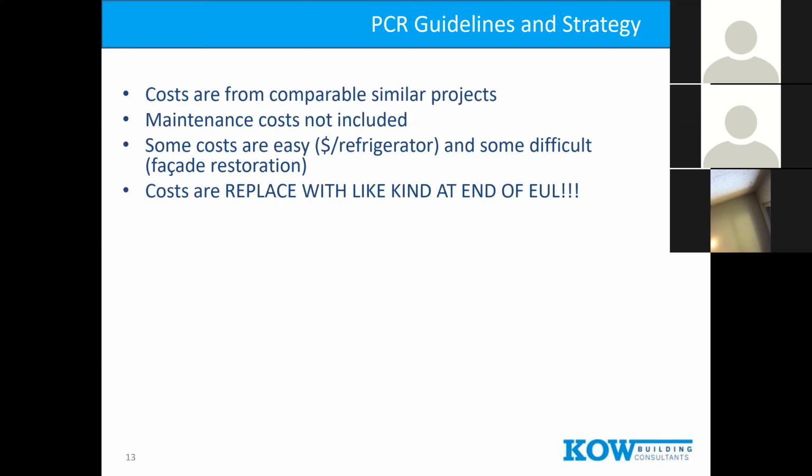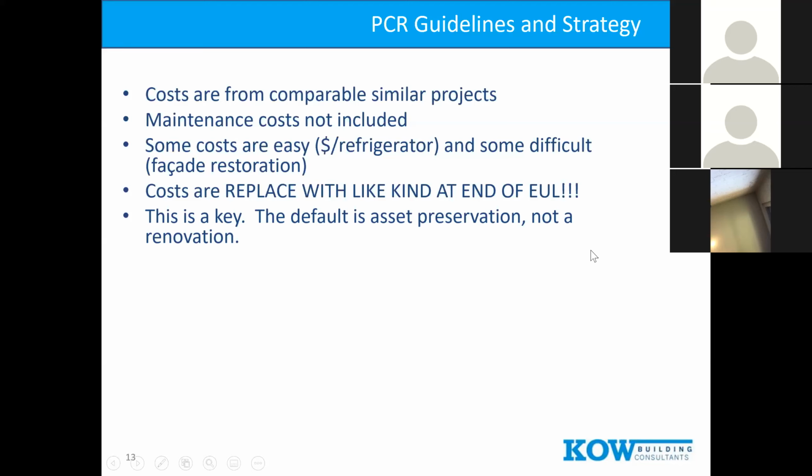So like kind that is currently code compliant is really a better way to look at that. But I think it makes sense when you think about it in terms of the wish list just could never end. And on a property condition report, it's to preserve the asset. We want to preserve this asset. This is the key. We're not looking at it as a renovation by default. It's to preserve the asset. Someone says, I'm not doing a reno, but I've got to keep this thing moving. We're here to help.